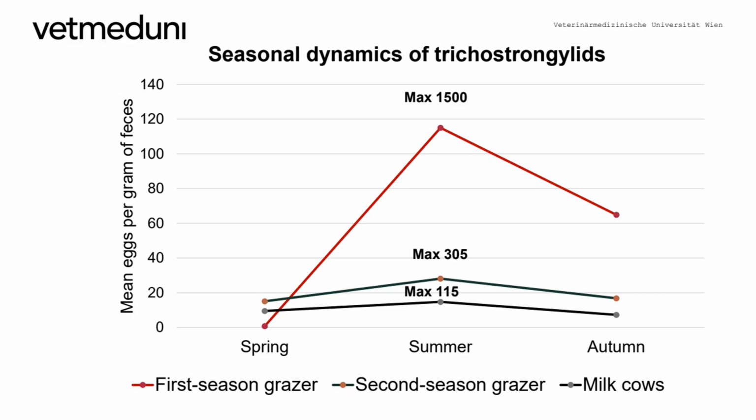And maximal values were 1,500 in first season grazers. So the red one are the first season grazers, and in second season grazers maximum values were 300. And these are normally values where you think the animals would definitely benefit from treatment.